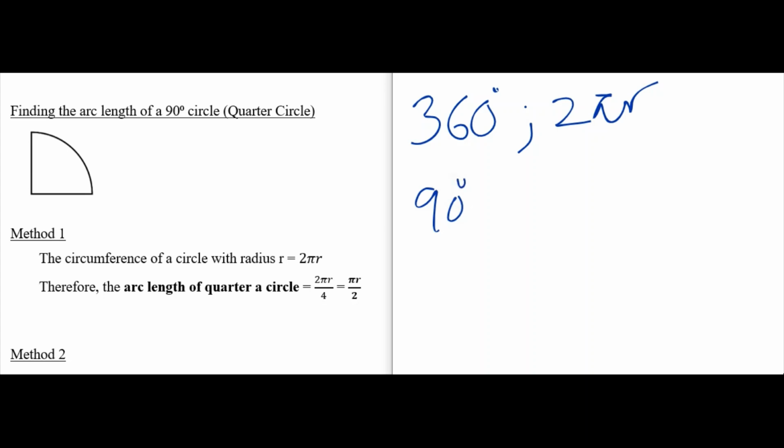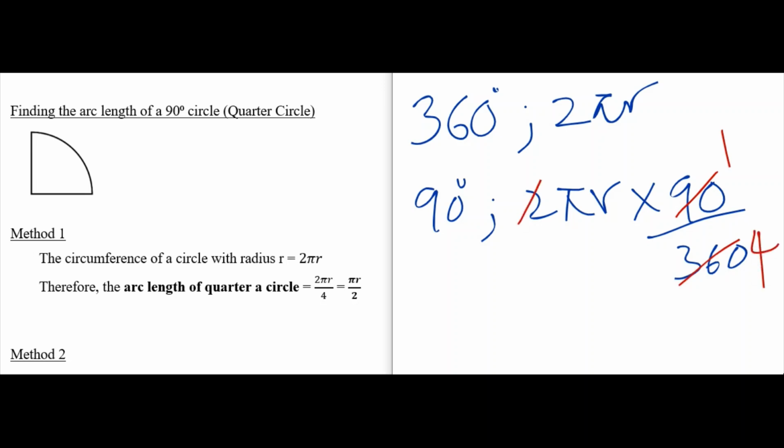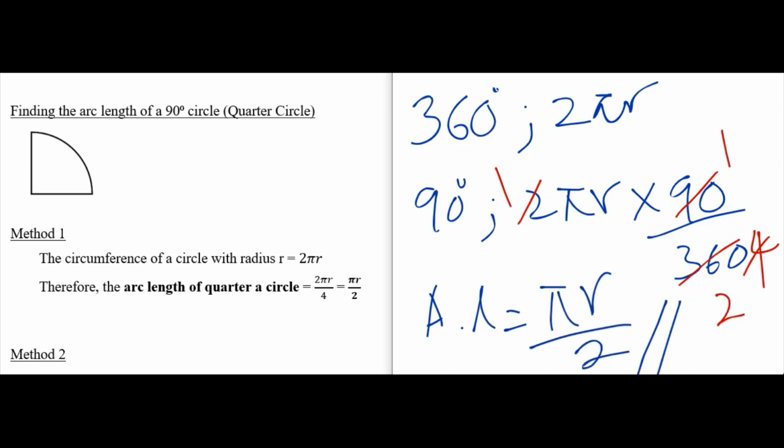So for a 90 degree circle, it would be 2 pi r multiplied by 90 over 360, and this is 1 over 4. And we can cut this 2, and we get the answer as the arc length is equal to pi r over 2. I hope this is clear.